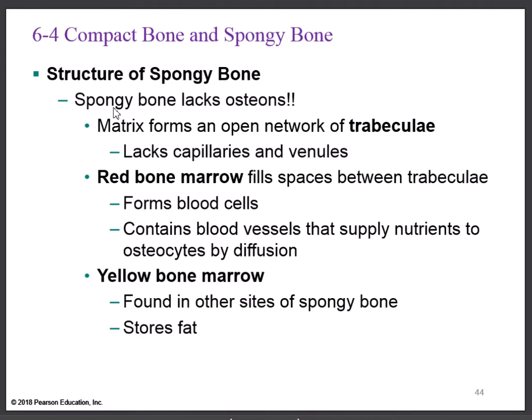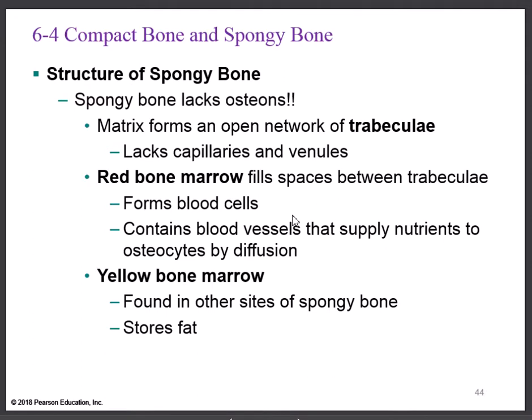Okay, so spongy bone, again, know that the little struts of bone that form the spongy bone are called trabeculae. And we just said this a second ago, the spaces that surround the trabeculae are filled with red bone marrow. What's the function of bone marrow? It's basically forming all of our blood cells, right?